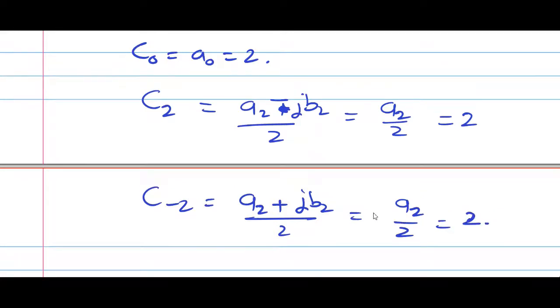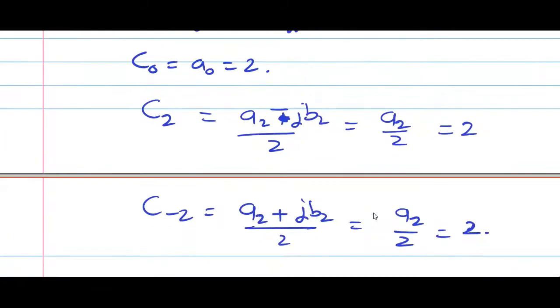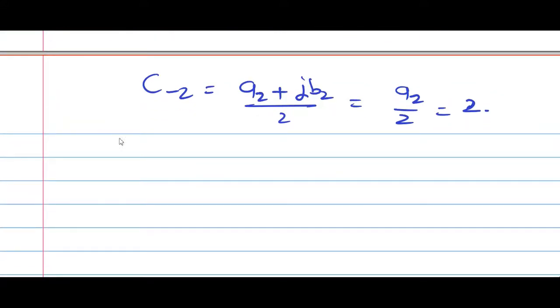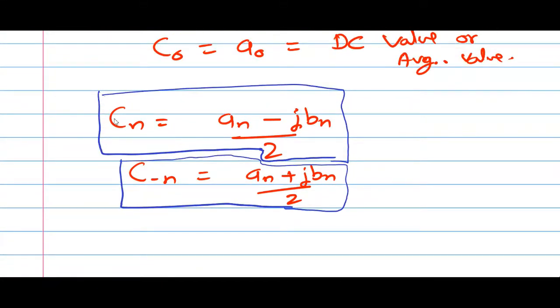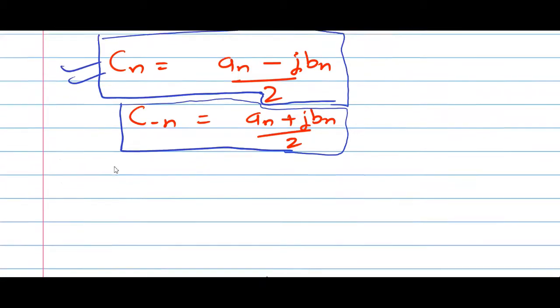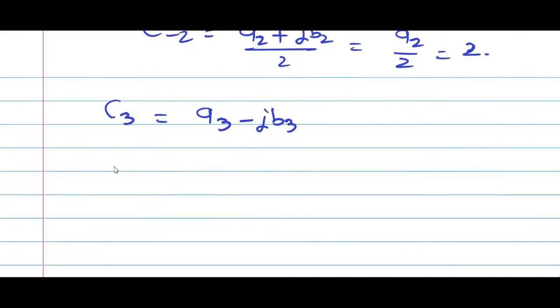Then what is present? B3. Okay. So we can get the C3 formula also. C3 is nothing but A3 minus JB3. Remember this point. Cn is An minus JBn upon 2, and C minus n is An plus JBn upon 2. So C3 will be A3 minus JB3 upon 2. But A3 is not given in the question, so take it as 0.